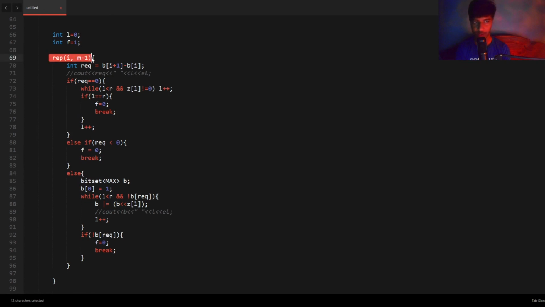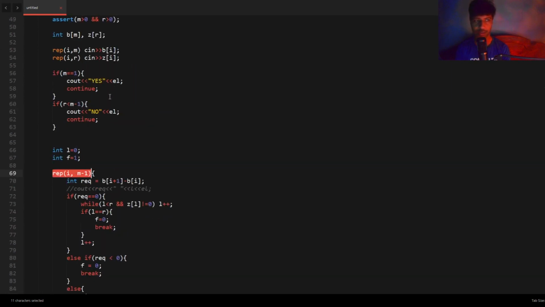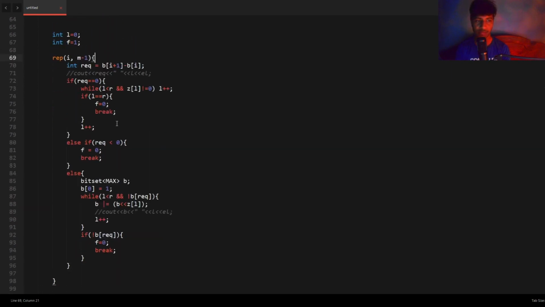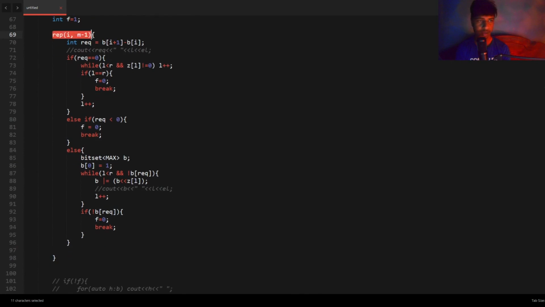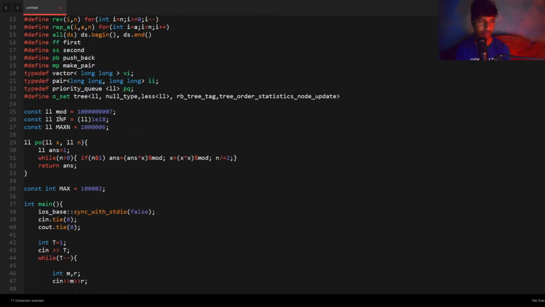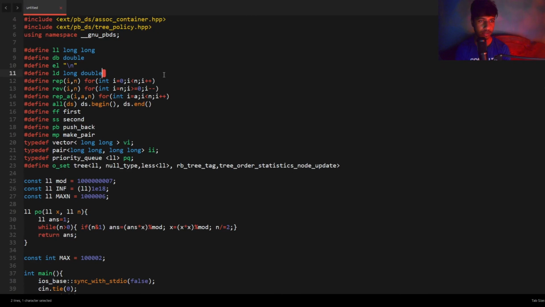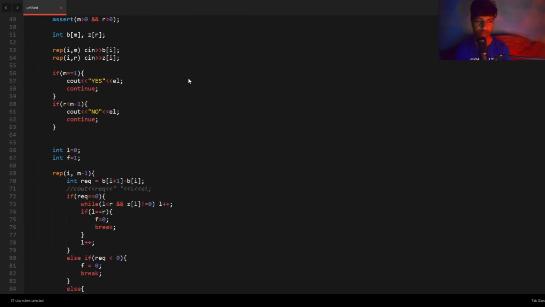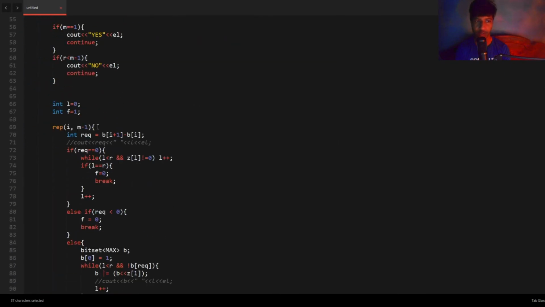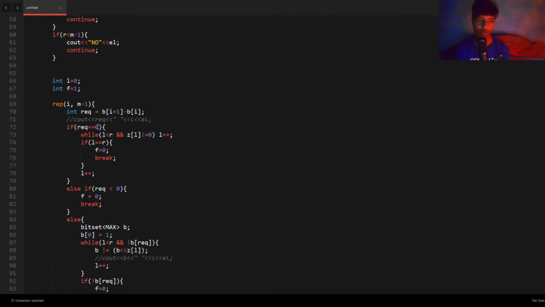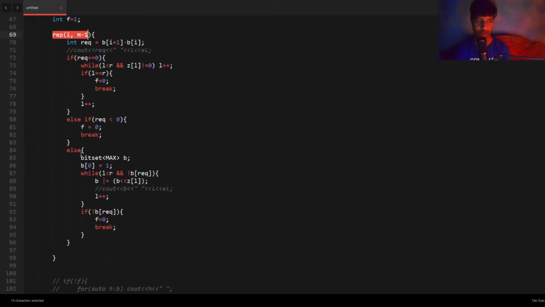And this is doing the traversing. This is actually a macro. It means for I equals 0, I less than M minus 1, I plus plus, right? This macro is defined somewhere up here. Yeah, here you go. In case you are confused what it means, if you have been doing competitive programming for a while, you'll know what this means.